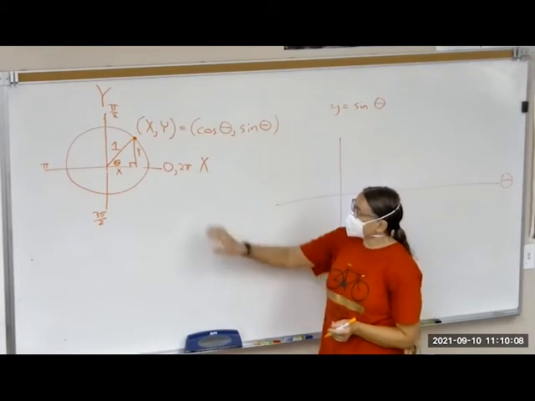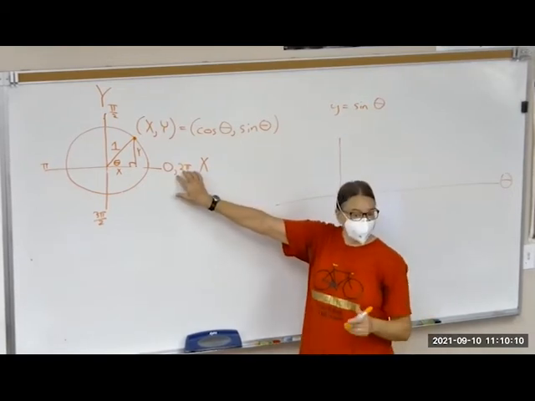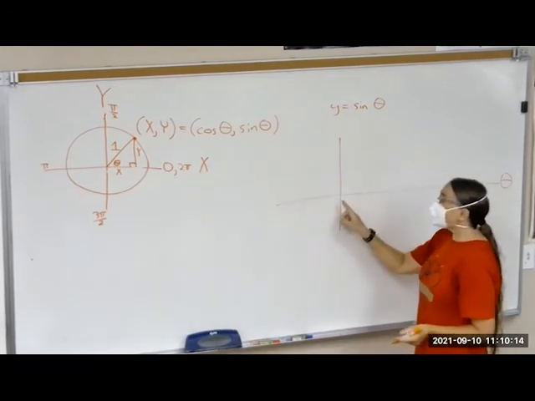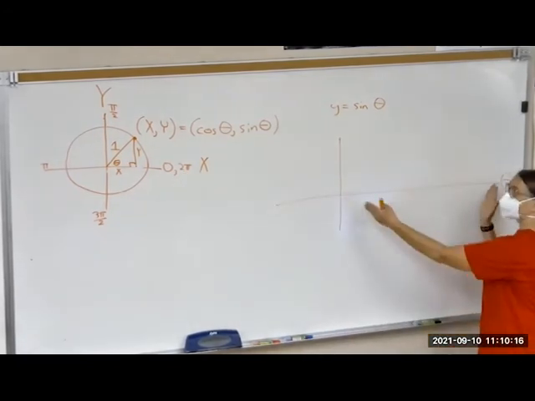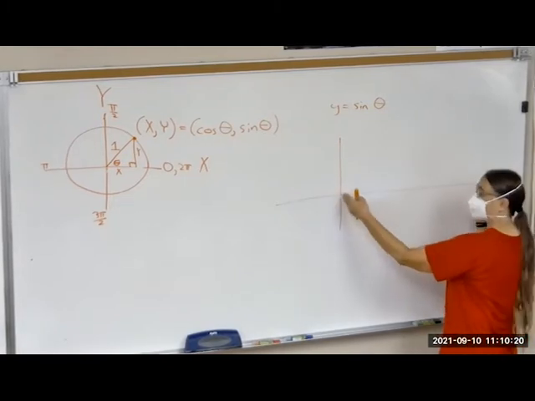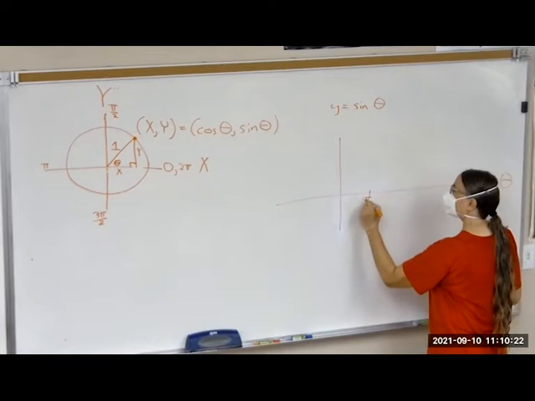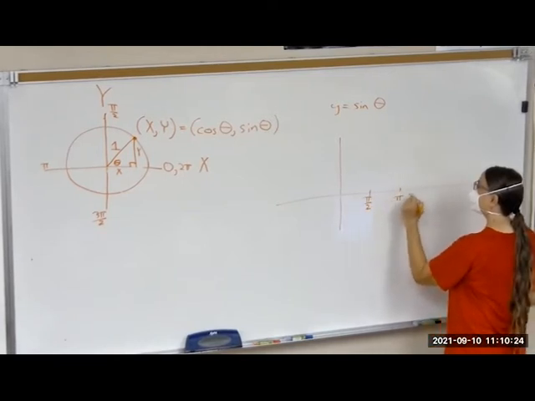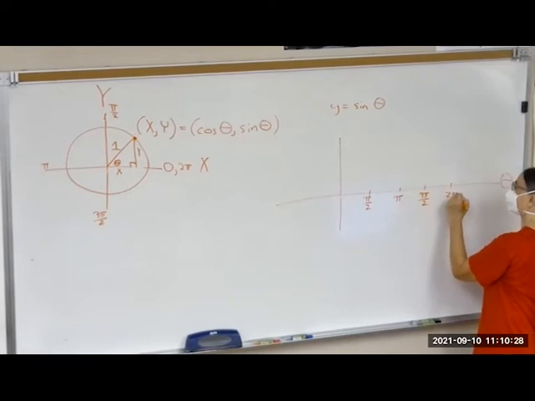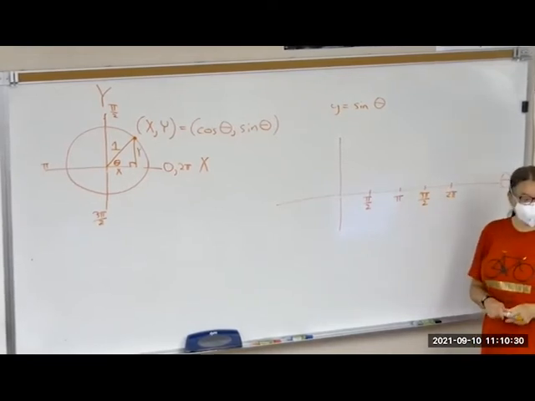So 0 and 2 pi, of course, are coterminal, and I could keep going again and again. Over here, those same angles are just increasing as we go to the right: 0, pi over 2, pi, 3 pi over 2, 2 pi.